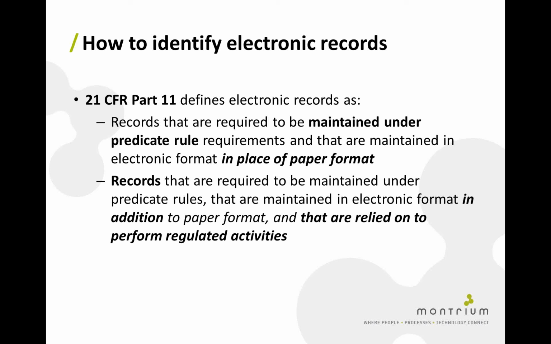The second type are any records that are required to be maintained under predicate rules that are maintained in electronic format in addition to paper format and that are relied on to perform regulated activity. So this is typically any electronic scan that you make of a record and that you maintain within a system and that you use to make regulated decisions or to drive regulated processes.